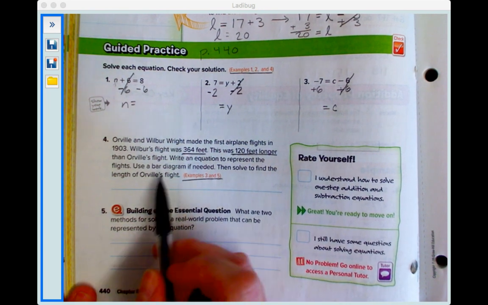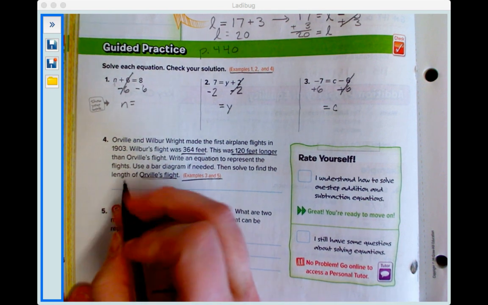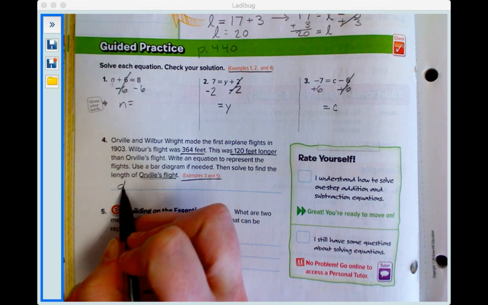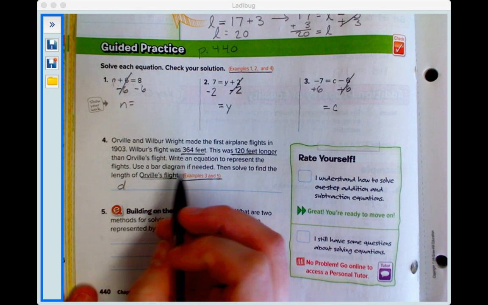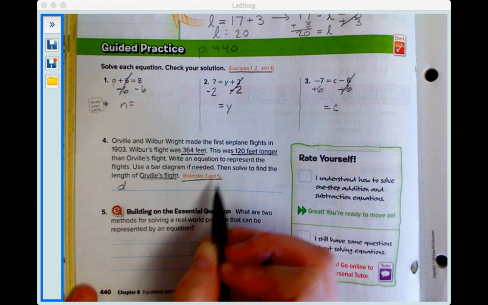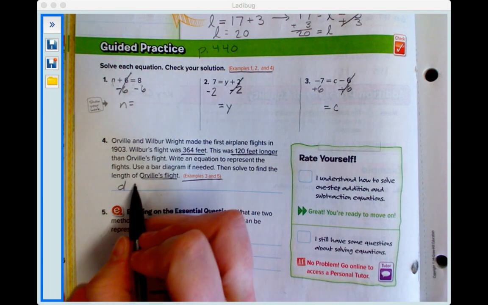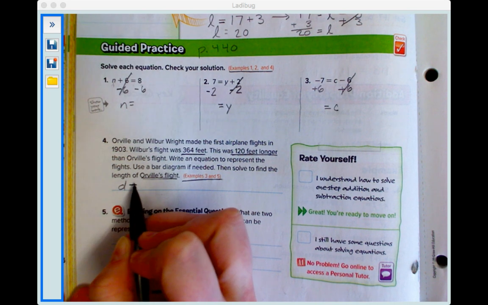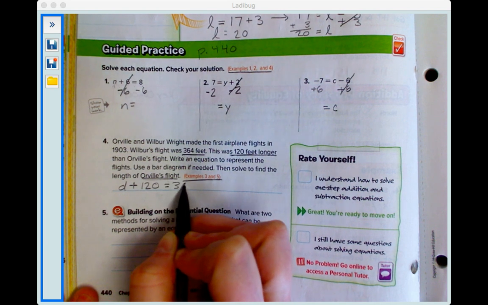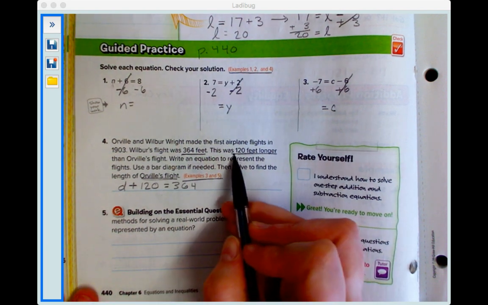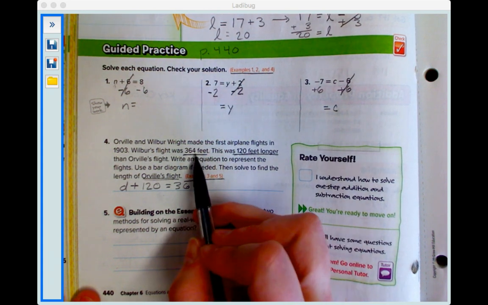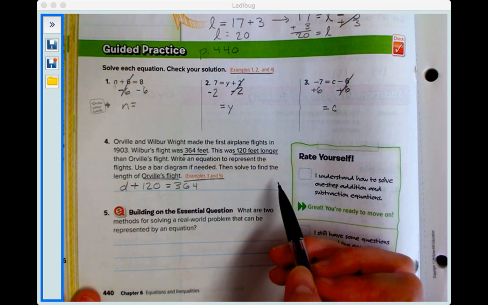If we are trying to find Orville's flight, we're going to put him, let's use the letter D. Orville's flight is D. If Orville's flight was D amount of length, we know that if we add 120, it would equal 364, because it was Orville's flight plus 120 feet longer equals Wilbur's flight.